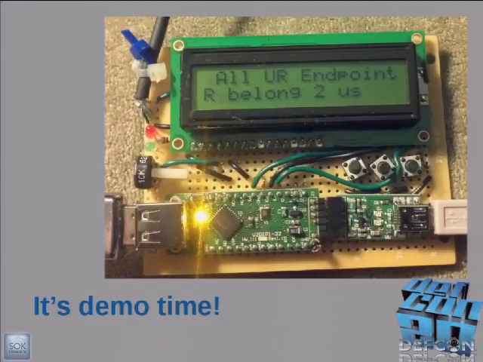The pot you see there is just for adjusting the LCD, and then I have a red light and a green light for the write blocking status. It comes on initially write blocking, so the green light should be on. The leftmost button can be used to toggle that status, and the other buttons are used to set the VID and the PID.